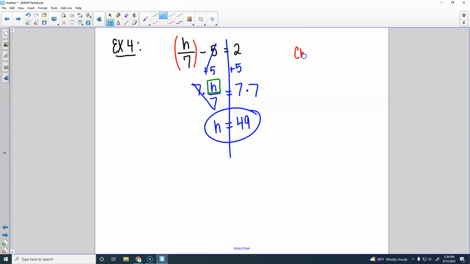And if I want to check, I would do 49 over 7 minus 5 to see if it does equal 2. 49 divided by 7 would be 7. 7 minus 5 does equal 2, so that lets me know that my answer is correct. Okay, questions?